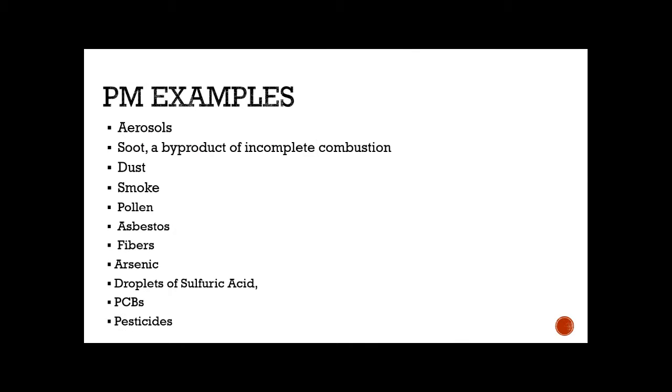Now, examples of these PM10 as well as PM2.5 are aerosols and soot, which is a byproduct of incomplete combustion. You have also dust, smoke, pollen, asbestos fibers, arsenic, droplets of sulfuric acid, PCBs, oils, and pesticides.